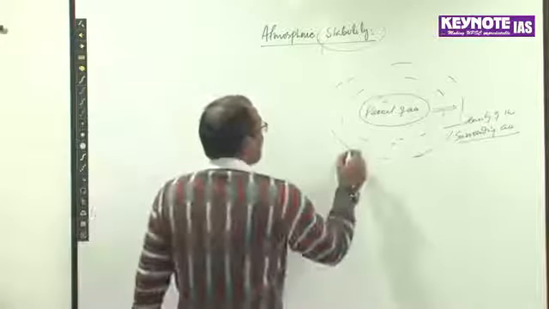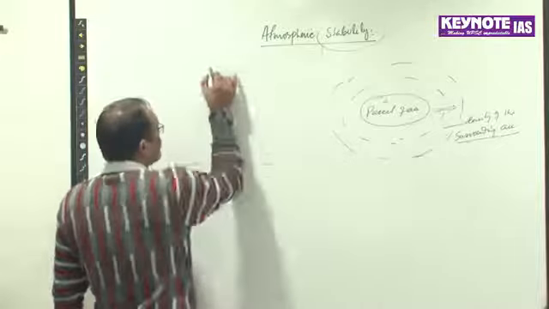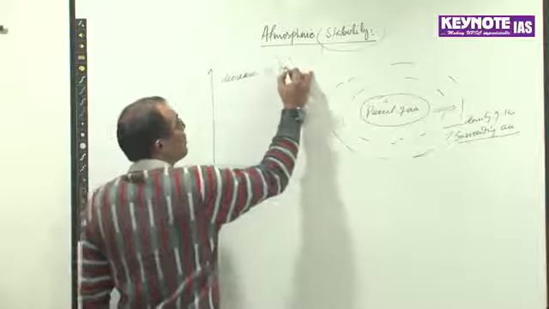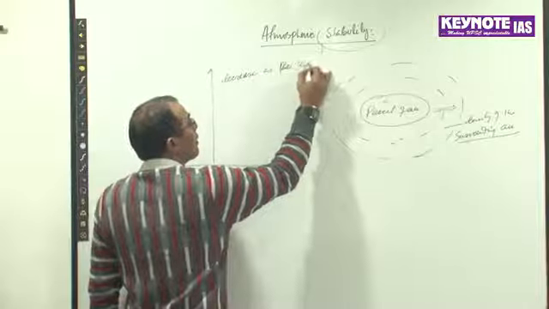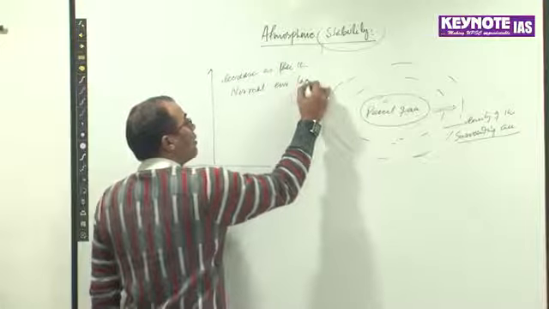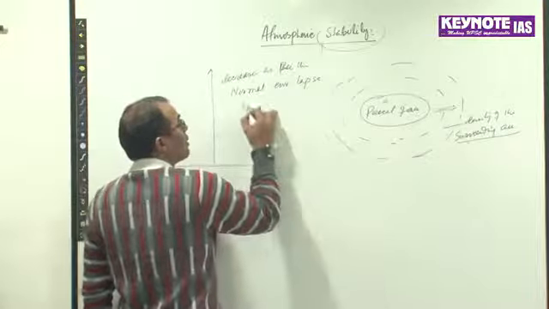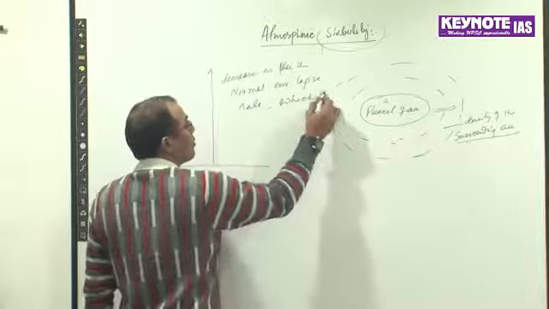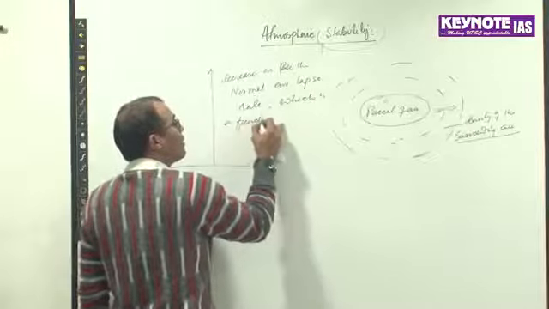The temperature in any layer of the atmosphere will decrease as per the normal environmental lapse rate, right, which is a function of many factors.